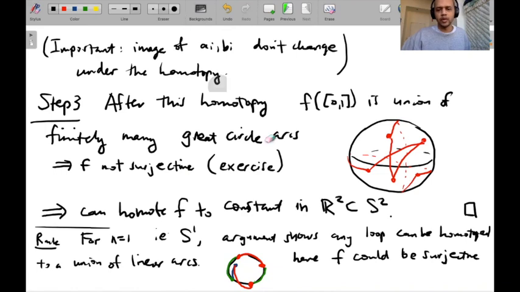Well, let me say it this way. So we can't conclude that f is not surjective.